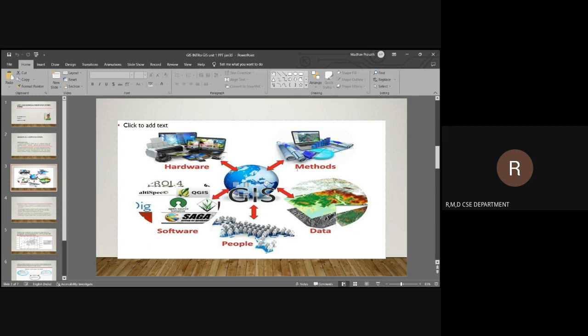All these five are involved, because people are going to get the information, and at the same time the rest of the people are going to provide the information as providers. They will make use of the software and hardware, and the data is provided. For that data, by making use of the software, we'll apply various types of methods.